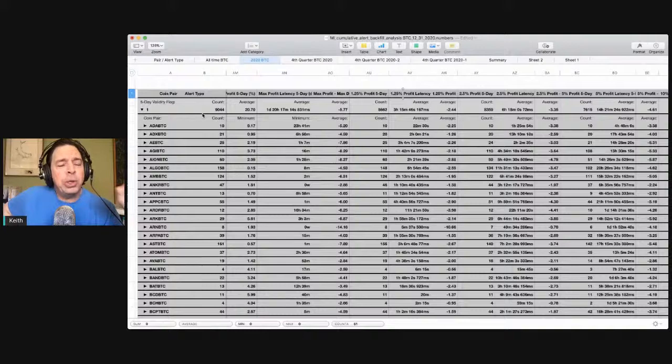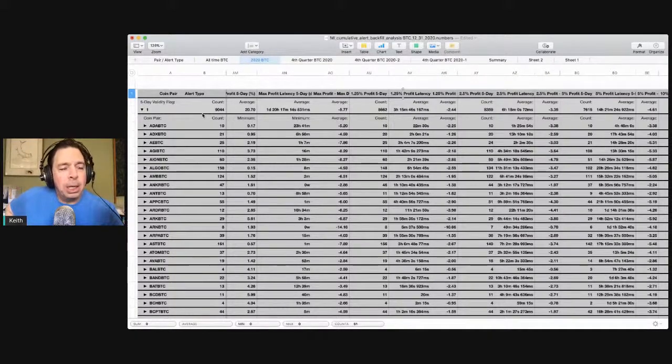Now, we also have metrics on USDT pairs, which perform comparatively about the same as the BTC pairs, but there's one key difference in how we approach those.